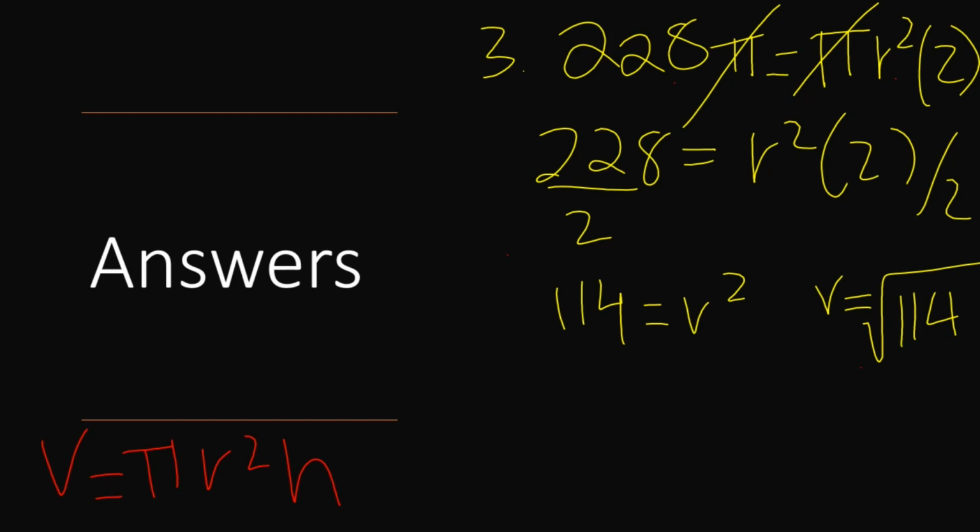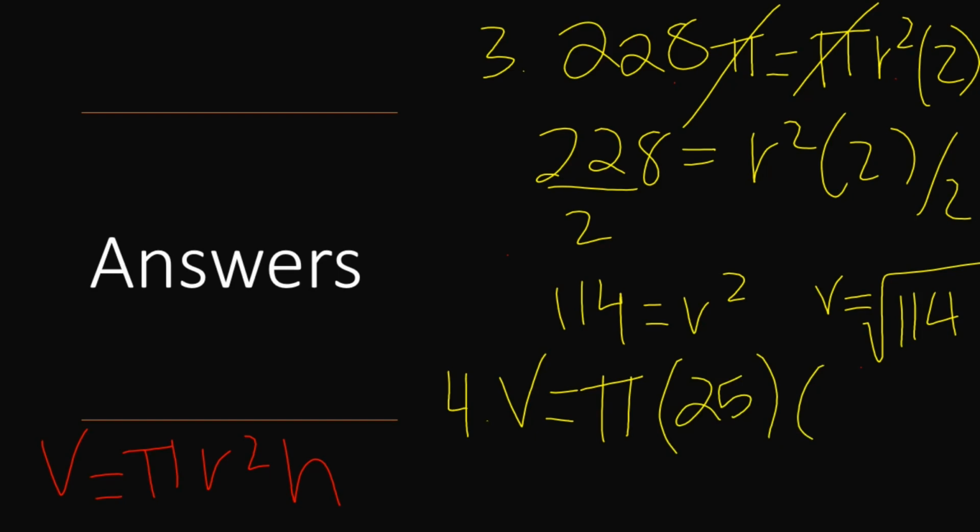Now for 4, you would plug in your radius of 5 and your height as usual. So your radius, if you plug it into the equation, your radius is 5. If you square it, you would get 25.